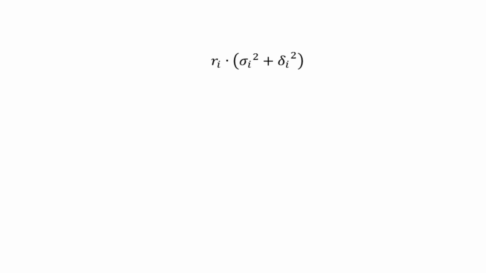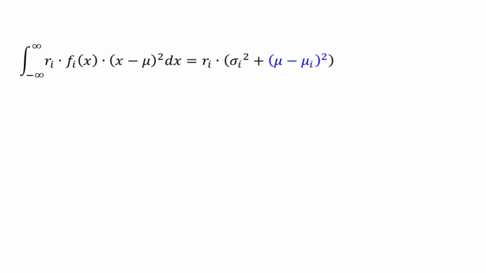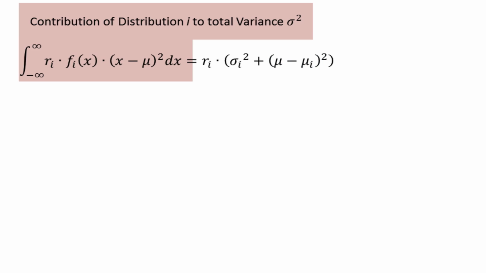Recall that this is the solution to the integral on the left-hand side. To interpret that, let us resubstitute for delta sub I mu, the global mean, minus mu sub I, the mean of the distribution I. In a sense, the left-hand side tells us the contribution of distribution I to the total variance of the population sigma squared.